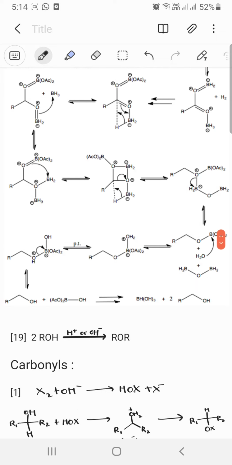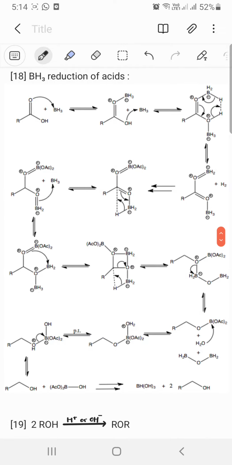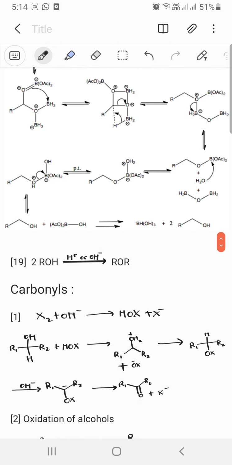It can only do this for this thing, or for the alpha hydrogen, right? So the carbonyl carbon, the next carbon, the hydrogen attached to that carbon is acidic, so it can do this thing for that hydrogen as well, probably, but maybe not so effectively because it's not as acidic as carboxylic acid. Okay, anyway, next.